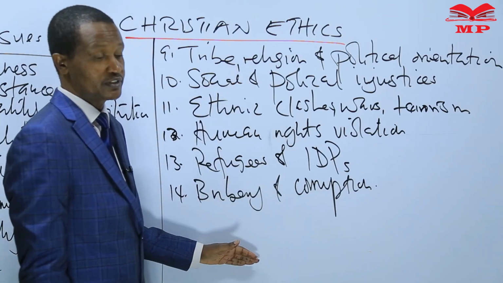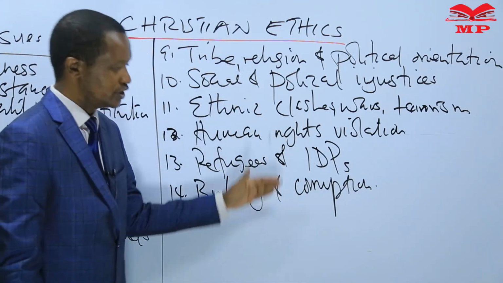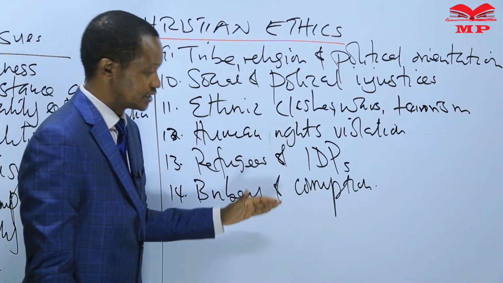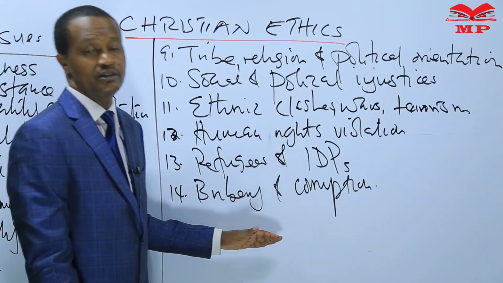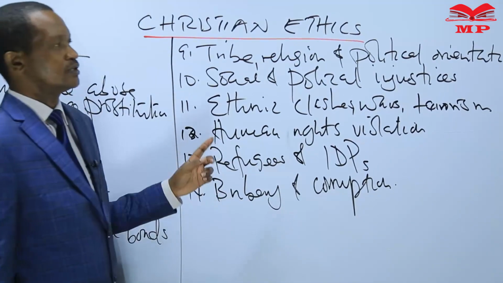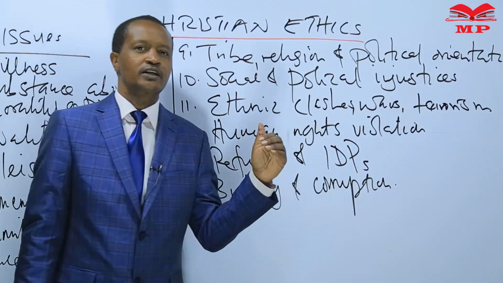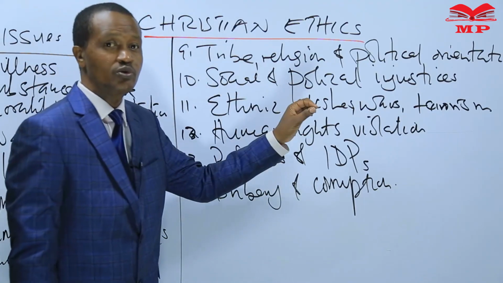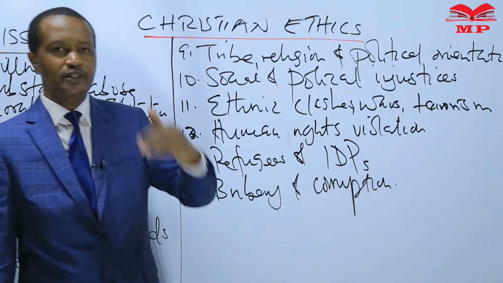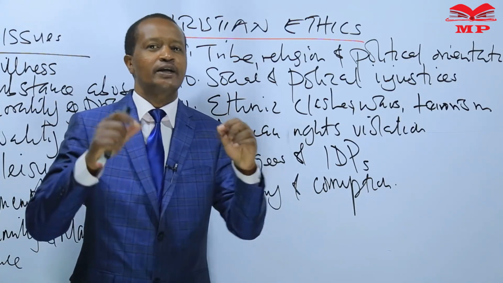There are many issues. These are just examples of issues that Christians, and members of the society generally, have to deal with. So learners, while living in a society that is characterized by all these issues and many more, Christians are expected to be morally upright.